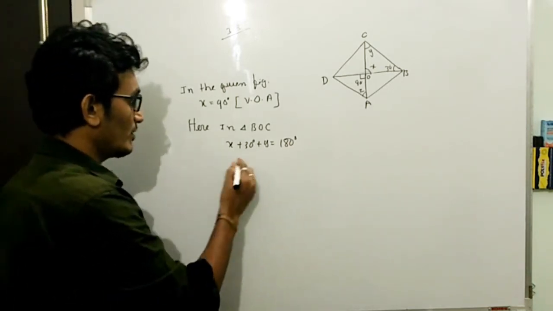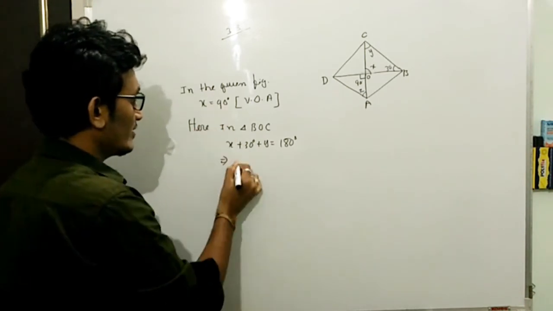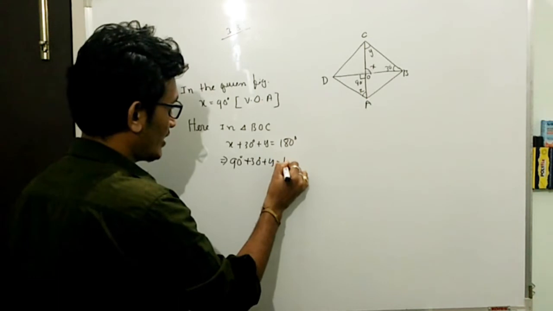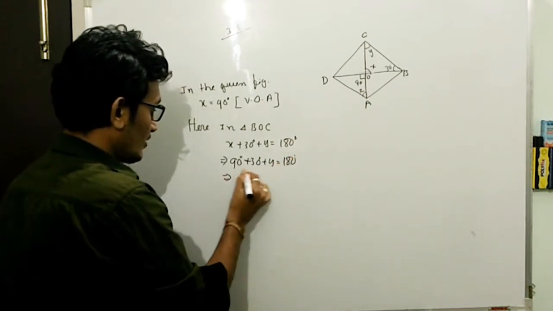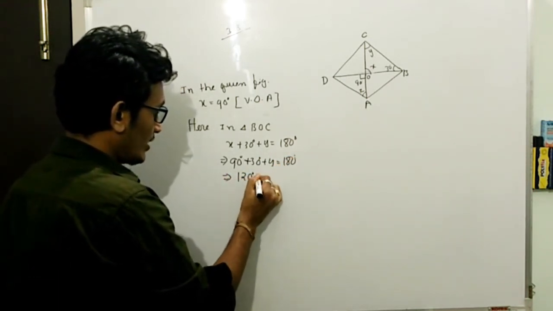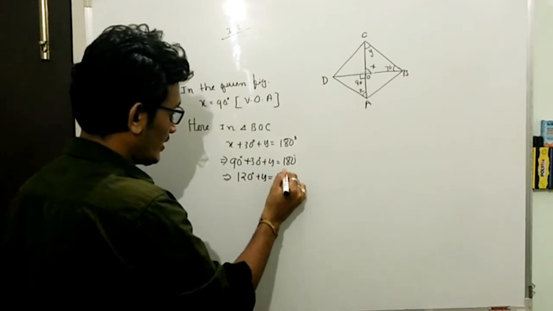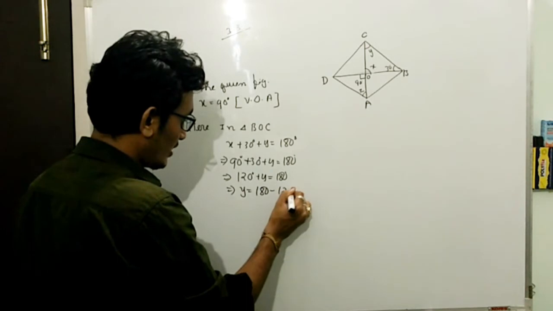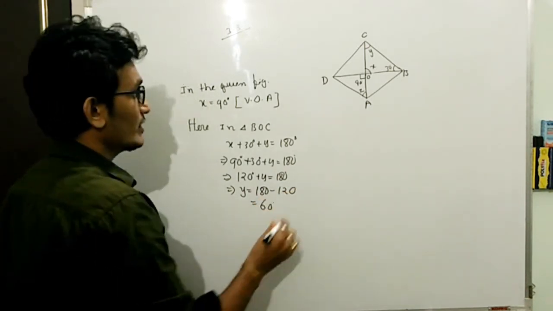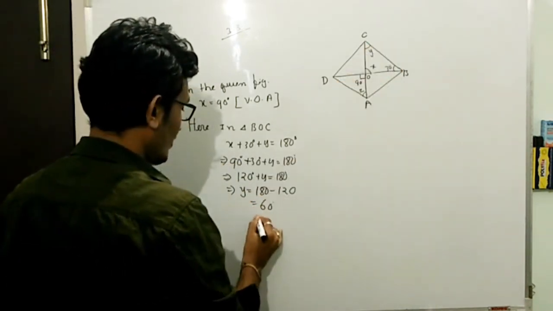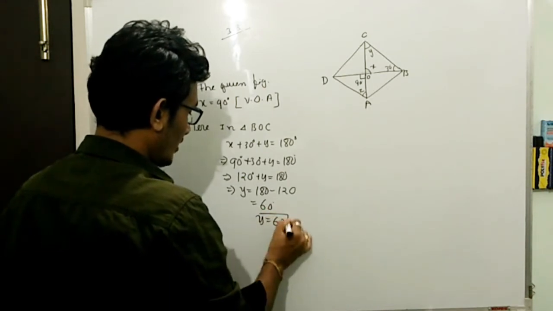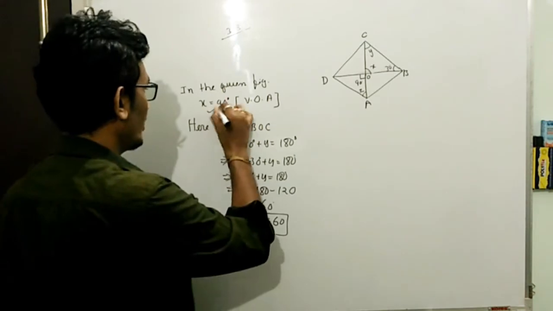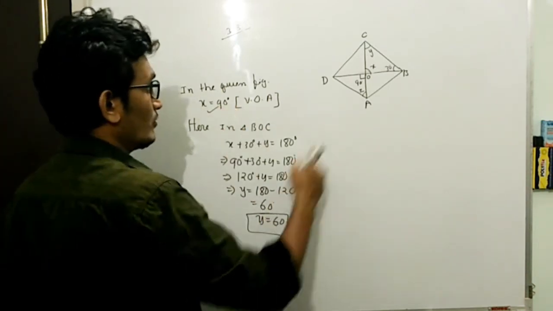X is 90, so 90 plus 30 plus Y is 180. 90 plus 30 is 120, plus Y equals 180. So Y equals 180 minus 120, equals 60 degrees. So the value of Y is 60 degree.